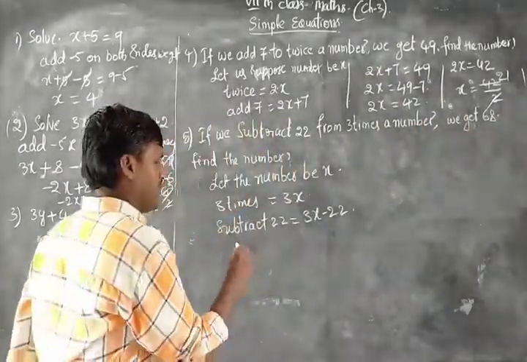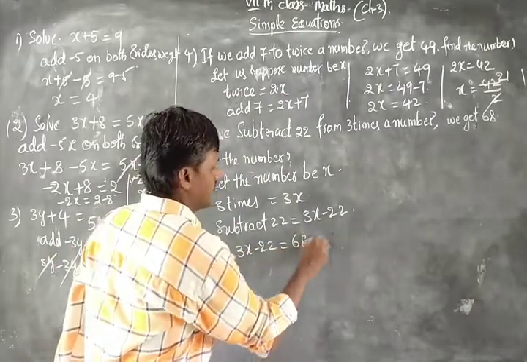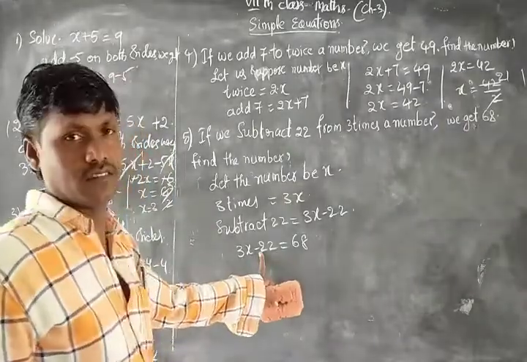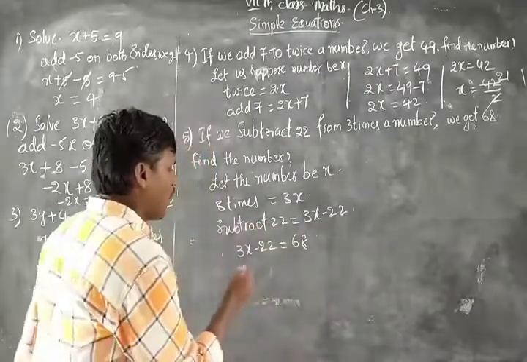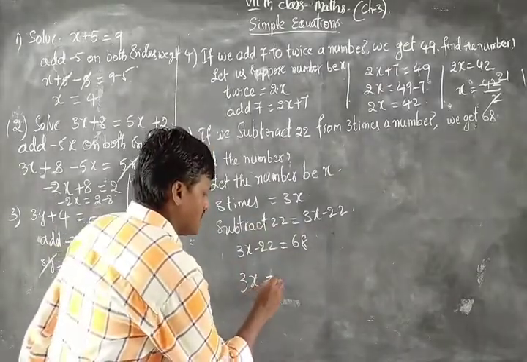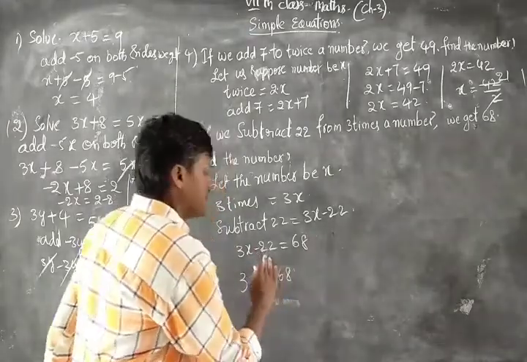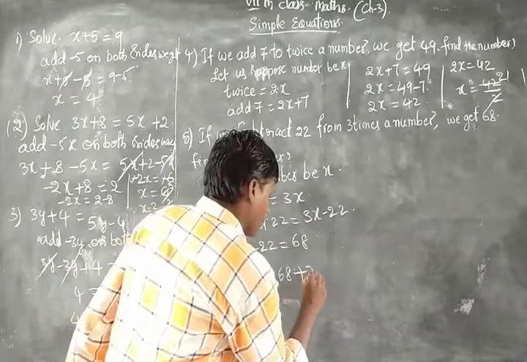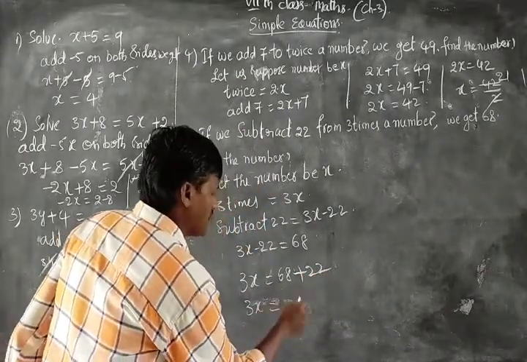So comparing, 3x minus 22 is equal to 68. Then it was a negative sign. When you transpose it to the right side, then how does it change? 3x is equal to 68 plus 22, minus becomes plus. Then 3x is equal to how much is it?